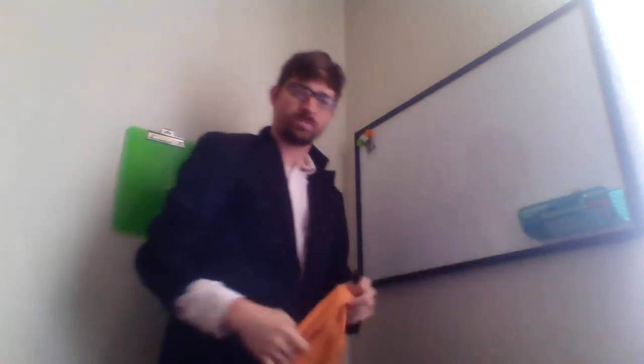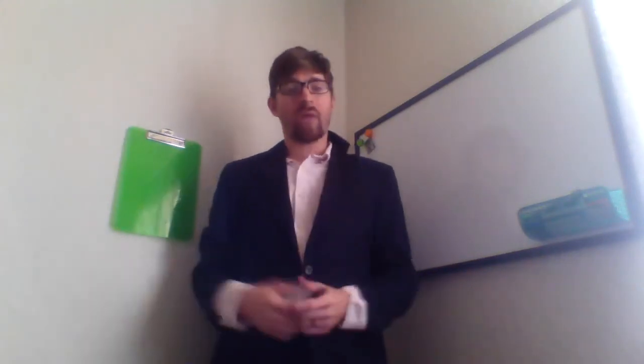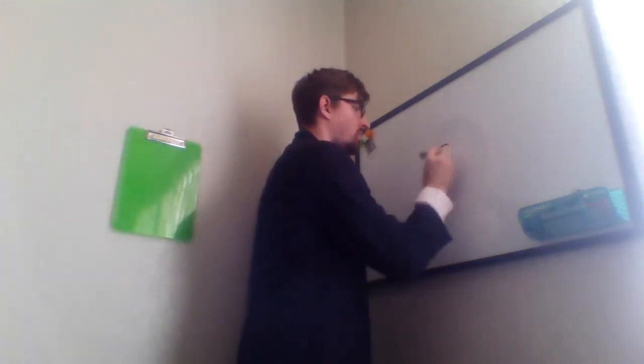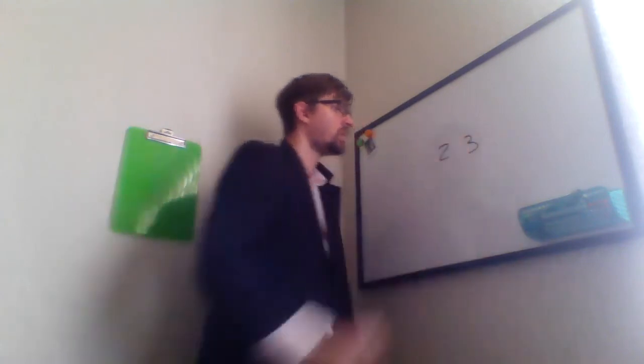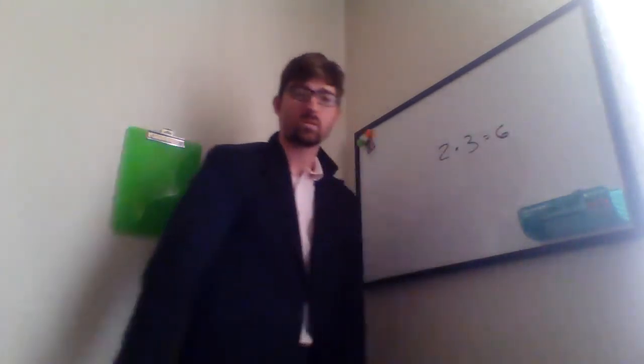Well, let me go ahead and also get rid of our operation for now. And let me ask you a question. Have you ever used, or have you ever heard of, a thing called a factor tree? If you haven't, this is the idea behind a factor tree. 2 multiplied by 3 equals 6, right?